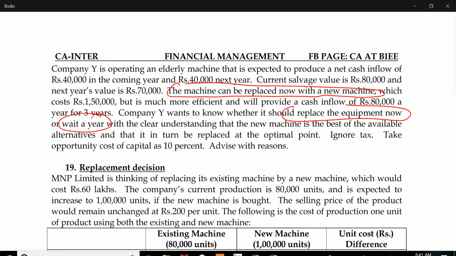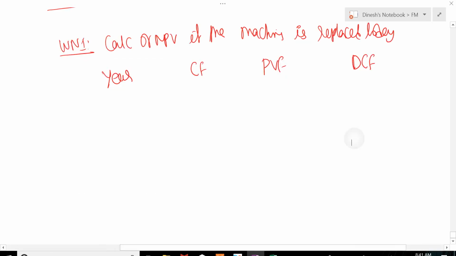PVF at what rate? 10%. Year 0. Now replace today means you are going to sell it today. At what price can you sell the old machine today? No tax and all, direct amount. What is the amount at which you can sell it? How much? So listen for some time, plus 80,000. At what price can you buy the new machine?